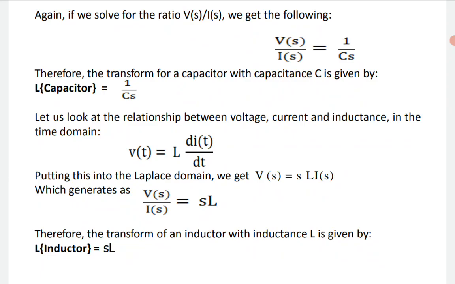Now for the S domain we may rewrite that V of S is equal to SL into I of S. From the property of the Laplace transform, we can write this, which generates V of S by I of S is equal to S into L. So that's why we can write that the Laplace transform of an inductor with inductance L, that is L of L, is nothing but S into L.